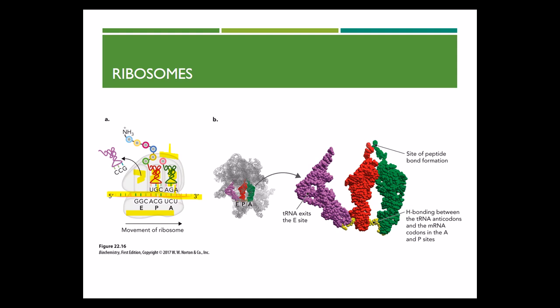At each site, the transfer RNA is in contact with both the 30S subunit, which holds the messenger RNA being translated, and the 50S subunit. The aminoacyl, or A, site binds the incoming transfer RNA.